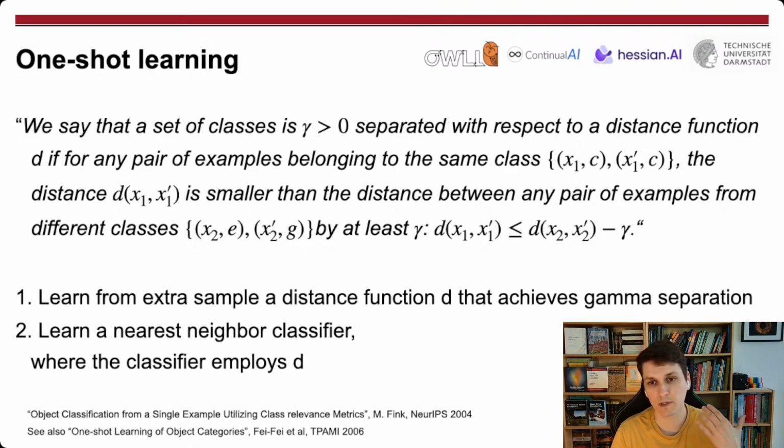So what this means is we can learn from an extra sample a distance function d that achieves this gamma separation, and then learn a nearest neighbor classifier, where the classifier basically employs this distance function. So it's a way of classification in few-shot / one-shot learning that relies on these embeddings being meaningful and these activations being meaningful, such that you can rely on the distances that you have in this space.